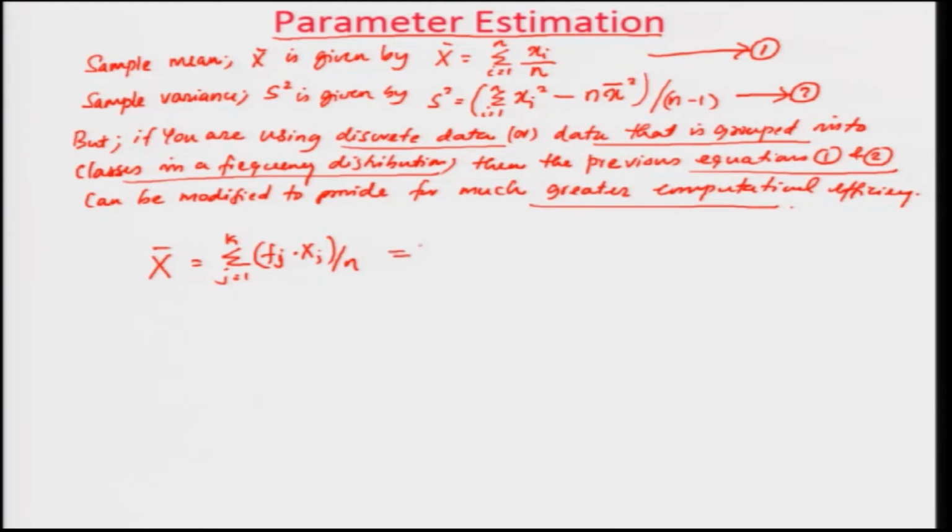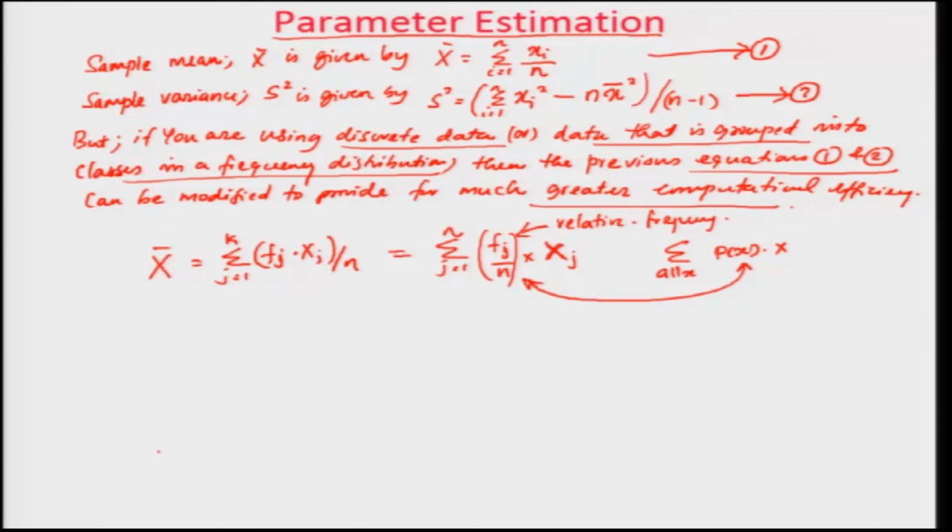This can also be written as sigma of f j over n times x j, where f j over n is the relative frequency. This is equal to sigma over all x of p of x times x, so these are the estimates of probability in this case.